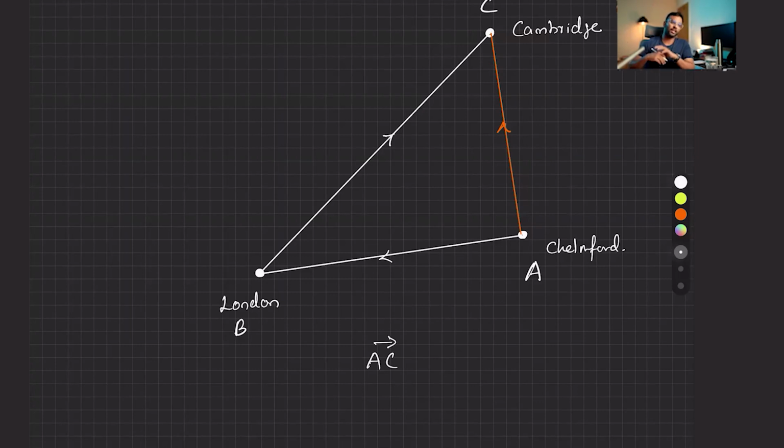Do you see an arrow mark right at the top? It is showing you where you're starting and where you're going. So A to C, that's what this arrow mark is showing you. A to C equals A to B plus B to C. Would you all agree with that?